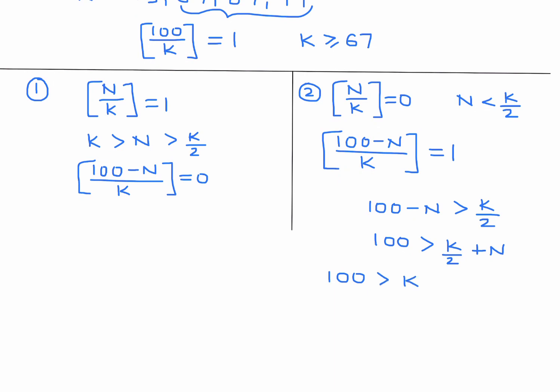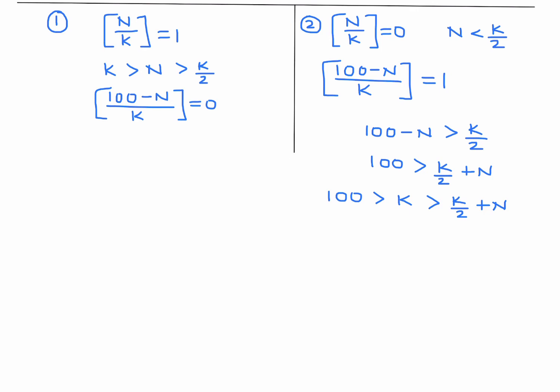It's always going to be less than 100, right? Because it's less than or equal to 99. And then that is always going to be greater than k over 2, and it's also going to be greater than k over 2 plus n. And the reason this holds true is because of this condition that we had set earlier.